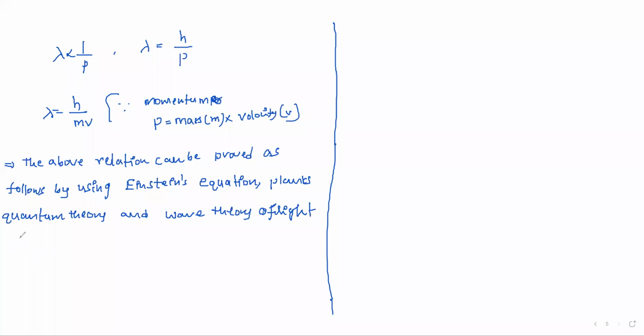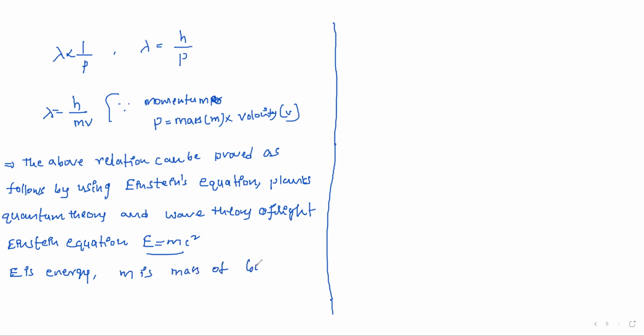What is the Einstein equation? E equal to mc square, where E is energy, m is the mass of the body, and c is its velocity.